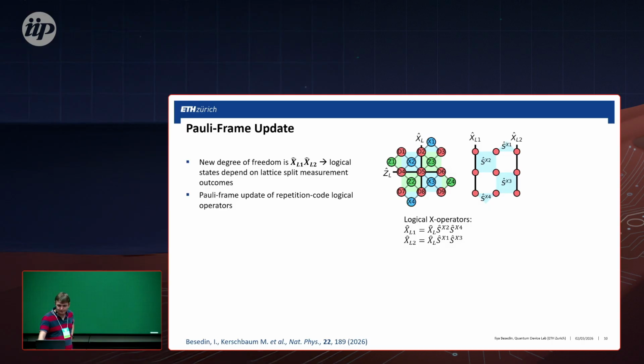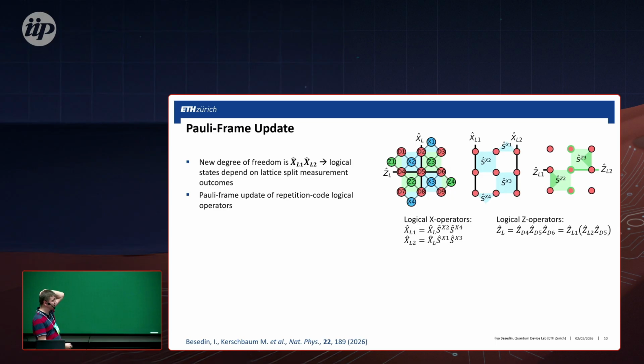And what I want is not a state that depends on the measurement outcome, but a state that is reproducible. So what I do is I do this split, but then I do a Pauli frame update. So I redefine my logical operators such that they include these stabilizer measurement outcomes.